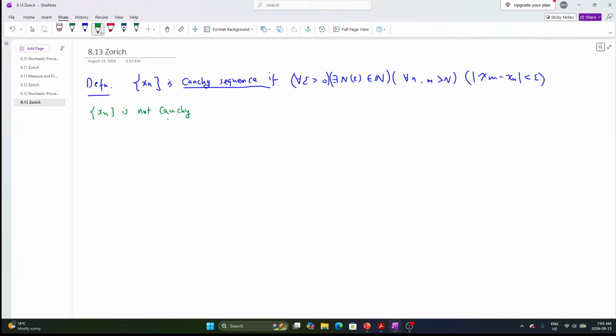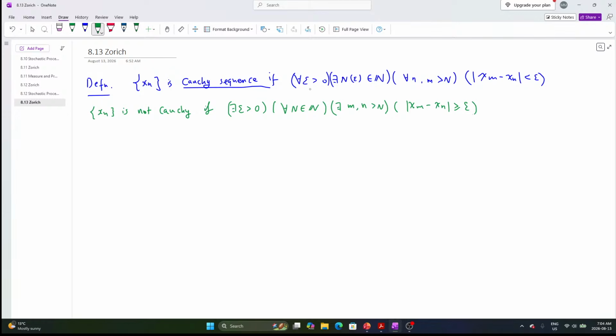So xn is not Cauchy if there exists epsilon greater than 0, and then for all big N in the natural numbers, there exist m and n greater than big N such that the absolute value of xm minus xn is greater or equal to epsilon.